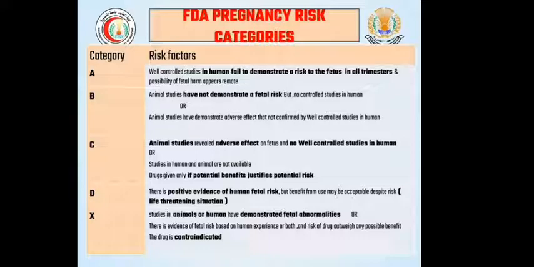Category X, both animal and human data are positive. In this category, the risks outweigh benefits, so it is contraindicated to use the drugs under this category, like oral contraceptive pills.